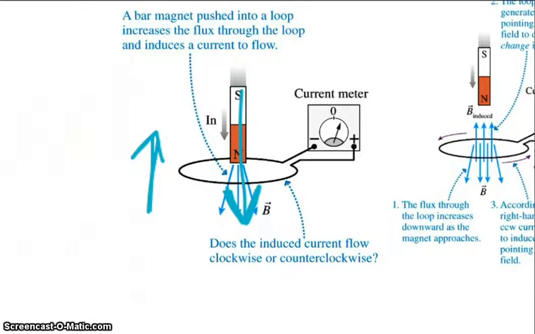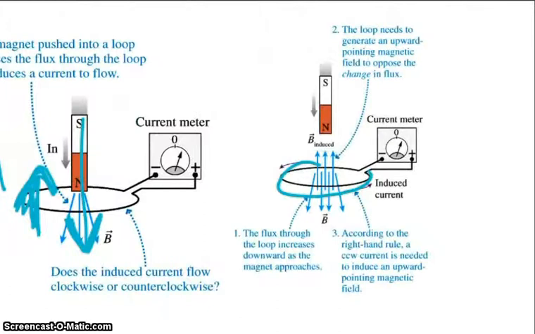So your fingers are going to curl, so this is the direction of the magnetic field on the inside, causing your thumb to create a current. So if we go over here, we see that we induce a current in this direction. So your fingers loop this way, pointing your thumb up this way. Or your thumb points this way, so your current flows this way. Okay, so it kind of cancels each other out. They're looking to try and cancel.